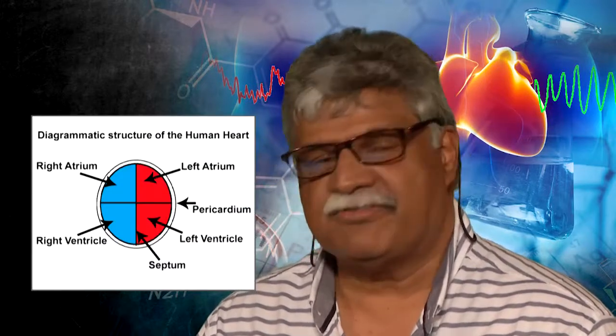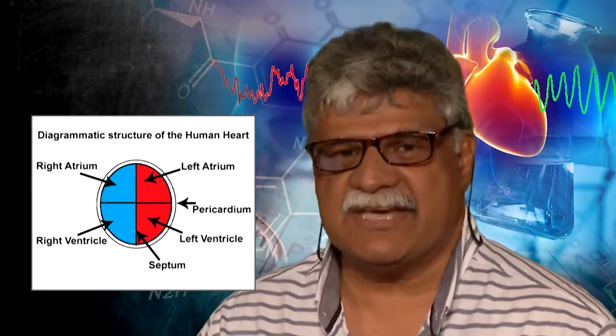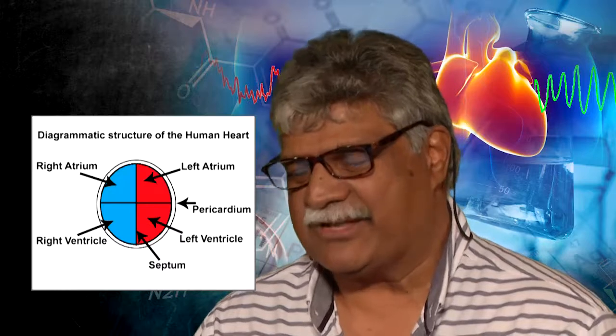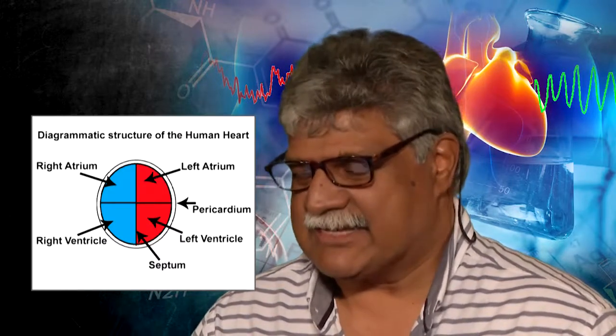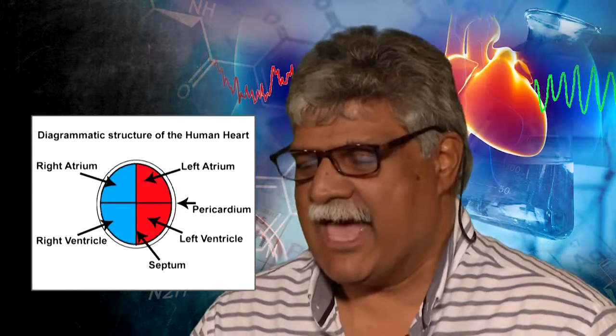What we're going to see in the first diagram is a very simple representation of the heart. It's basically a circle, and I've divided the circle up into 4 compartments, as you can see.